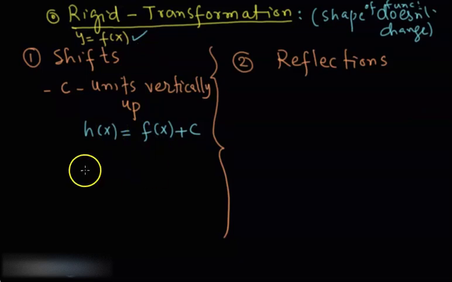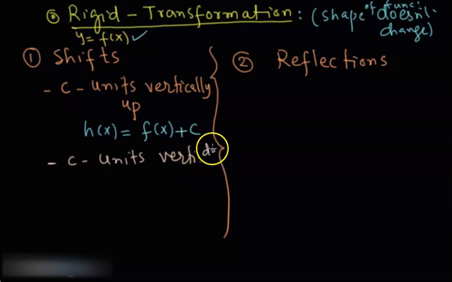And similarly c units vertically down. What do we mean by this? We mean that a new function h of x will be formed from this function by subtracting c.